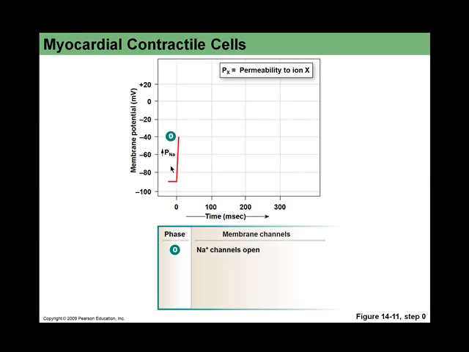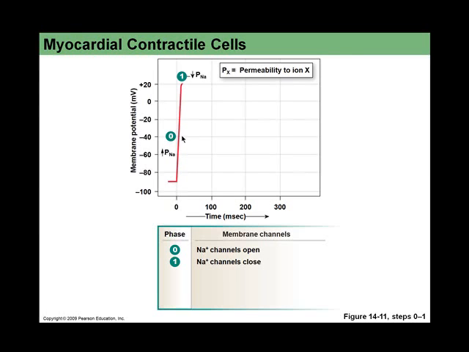So we are first going to see the phase 0 of the action potential of the contractile myocardial cell, where we get a transition from the minus 90 to about minus 40. And certainly you should recall that minus 40 is relevant to the threshold.